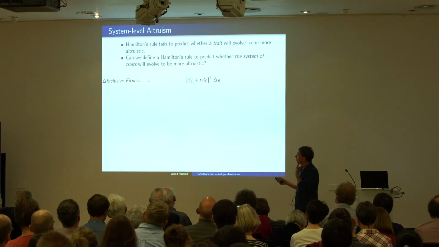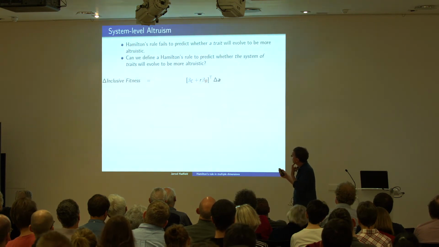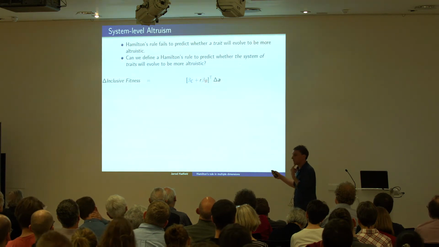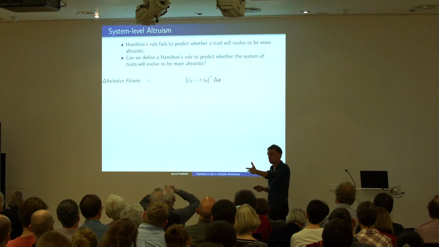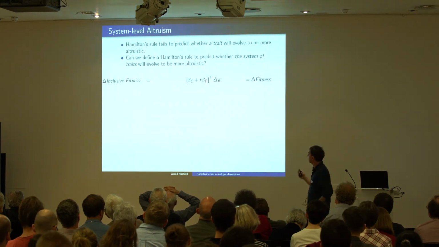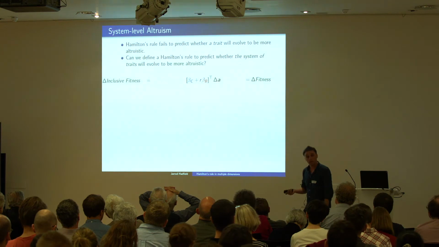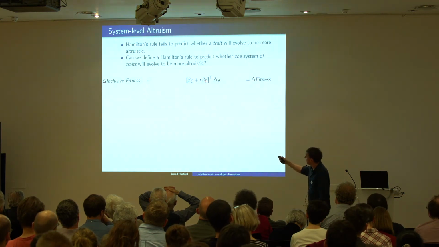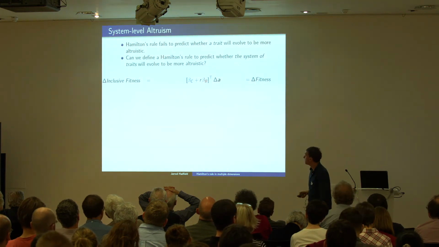And you can show that the change in inclusive fitness is equal to the evolutionary change in the traits in black, multiplied by this vector again, because this is the causal effect of those traits on fitness. Then Hamilton also showed that this happens to be equal to evolutionary change in fitness also. I've just shown you the equation for evolutionary change in the traits, so we can substitute that in.